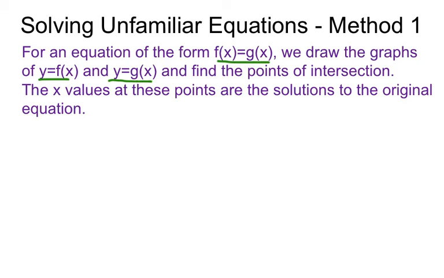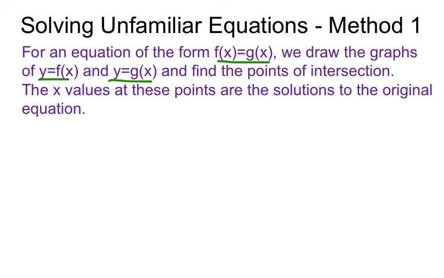So that's y equals the left hand side and y equals the right hand side. And then we find the points of intersection. The x values of these points of intersections will be the solutions to the original equation.